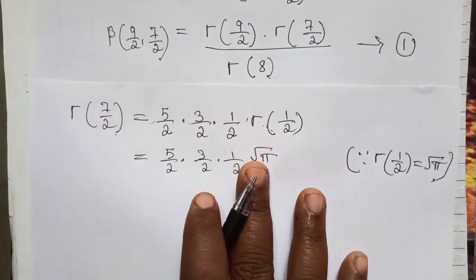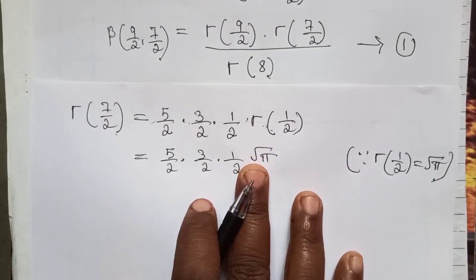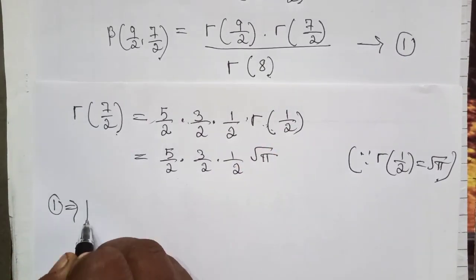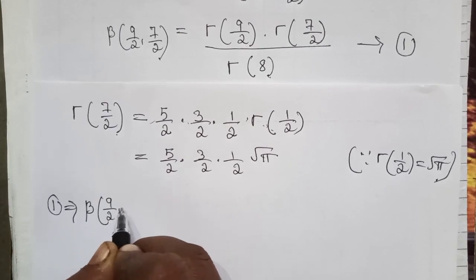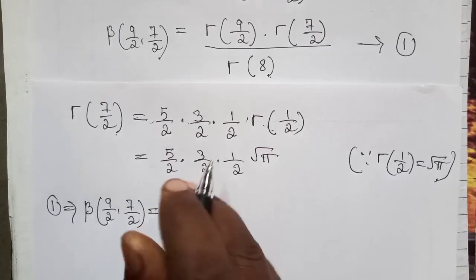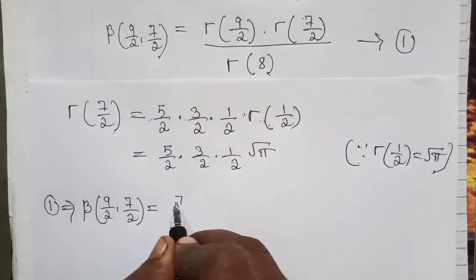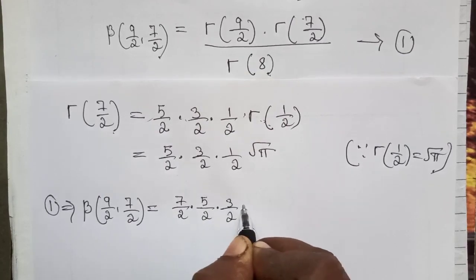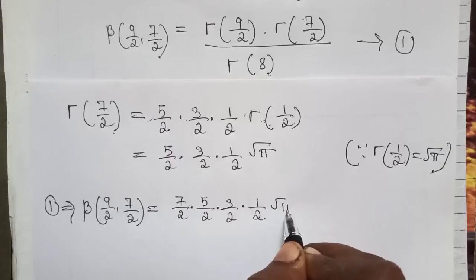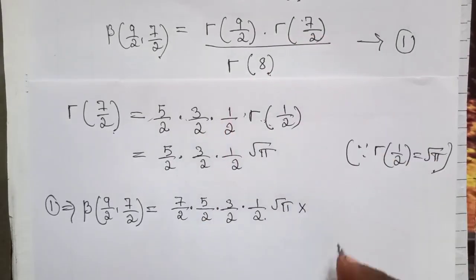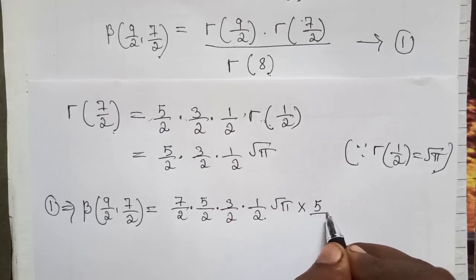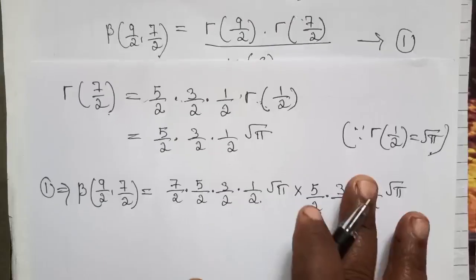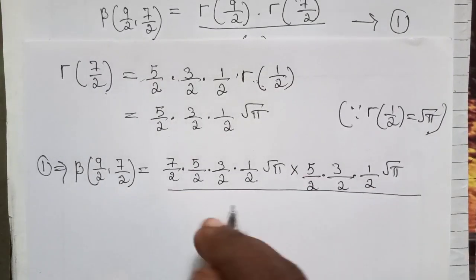Now substituting the gamma of 9 by 2 and gamma of 7 by 2 values into equation 1, we get beta of 9 by 2 comma 7 by 2 is equal to 7 by 2 into 5 by 2 into 3 by 2 into 1 by 2 into root pi, into 5 by 2 into 3 by 2 into 1 by 2 into root pi, whole divided by gamma of 8.